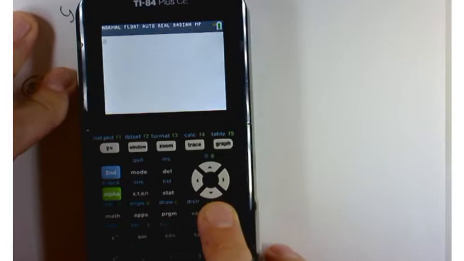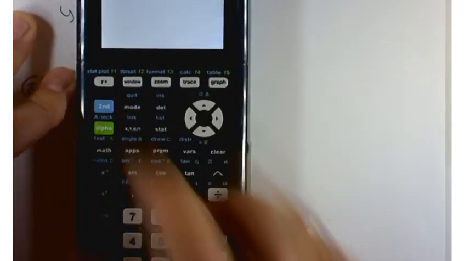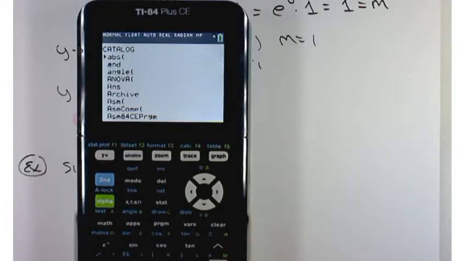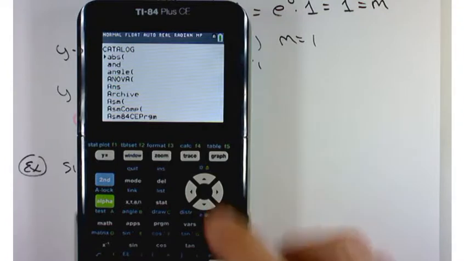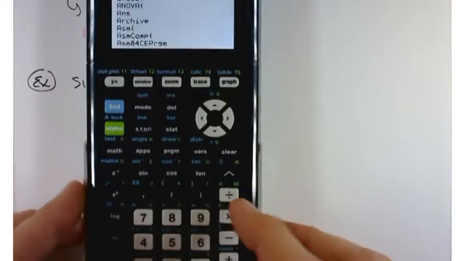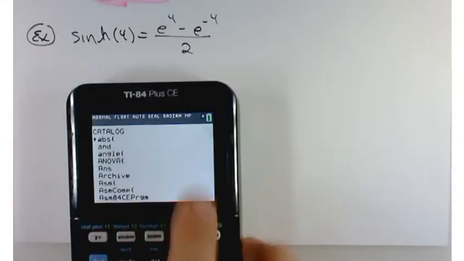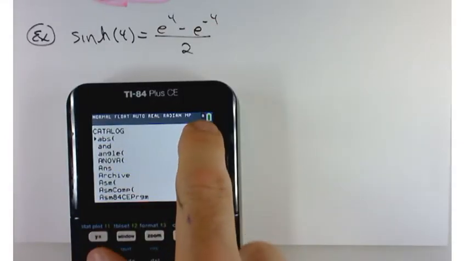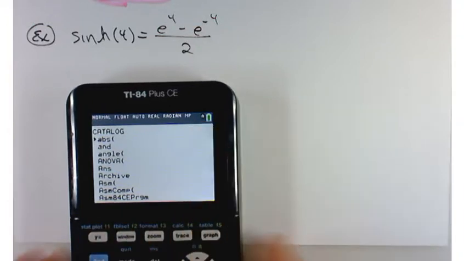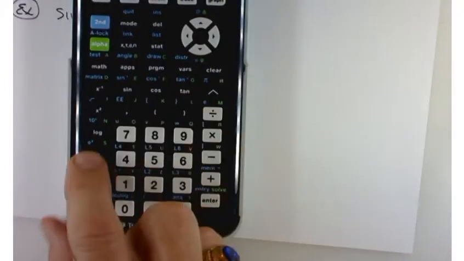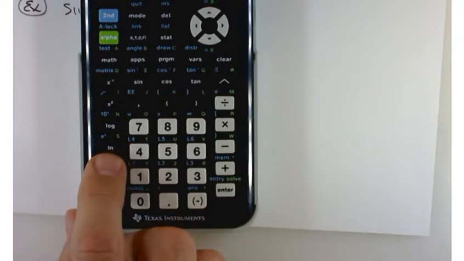To find that on your calculator, hit the second key, then the catalog key. We've got to scroll a long way down. But let me show you a shortcut. I don't feel like scrolling all the way down to the S's. We've only got so much time. So the shortcut is just to type the first letter, which is an S. Now, you know you can type the S because you've got this little A up here. That character says if you type something, it's just going to jump down to the S's. So the S is right above the LN key.